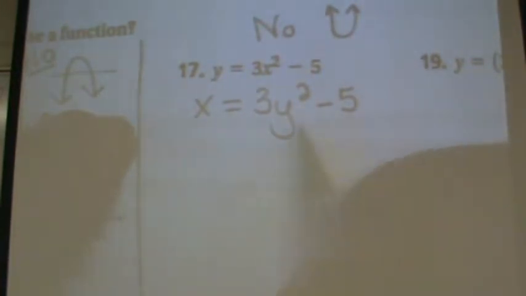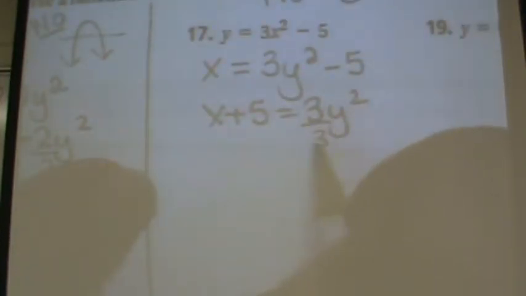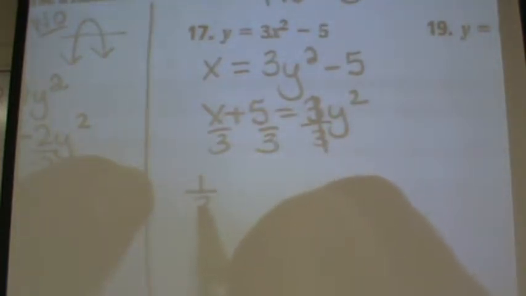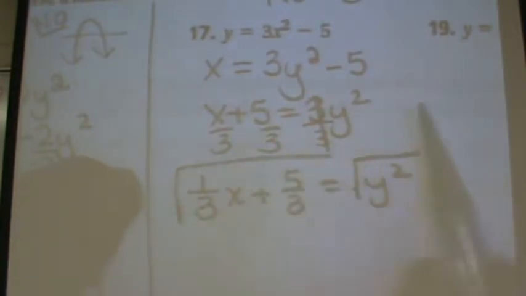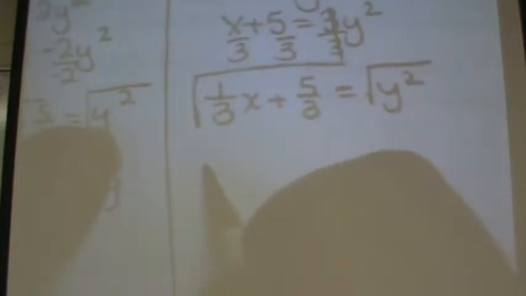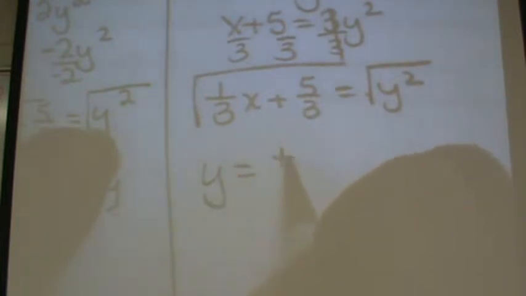Solve this for y, add 5. Divide everything by 3. So you have 1/3 x plus 5/3 equals y squared. Square root both sides. And what's your answer? It's not a function, but you can still do it. y is equal to plus or minus the square root of 1/3 x plus 5/3.